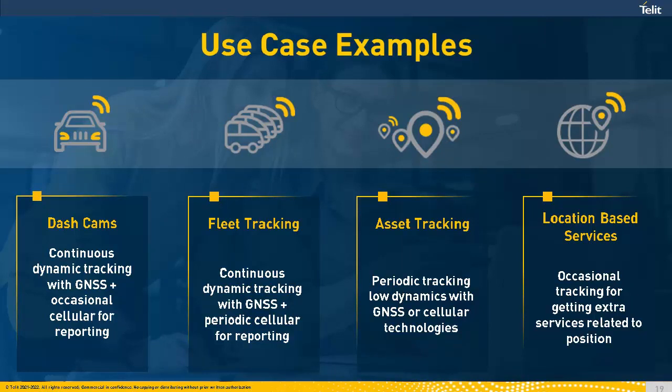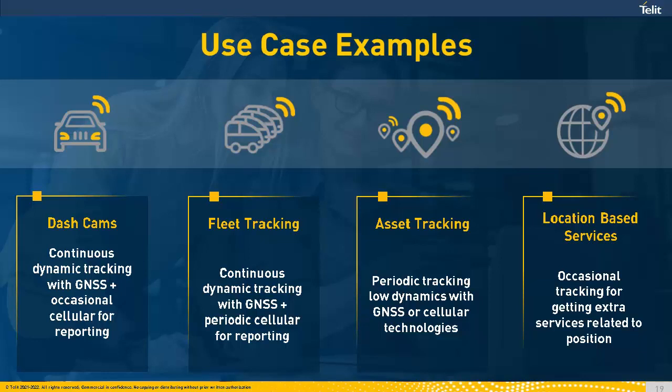I will then highlight a few of the very common use cases for positioning technologies that often require the integration of cellular or other radio technologies for communication or reporting of the position.